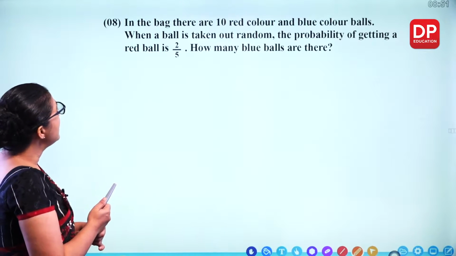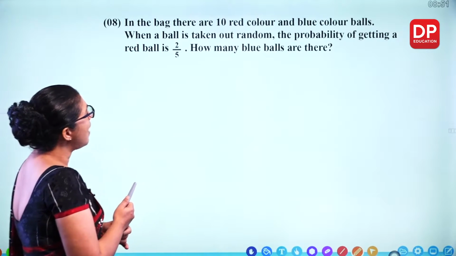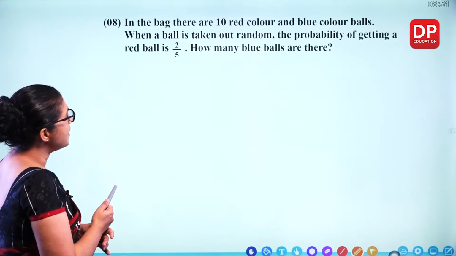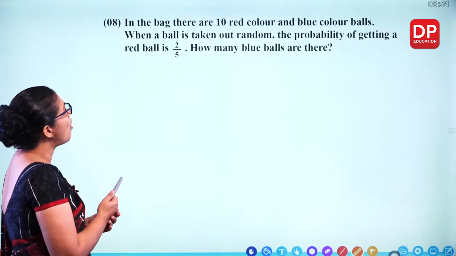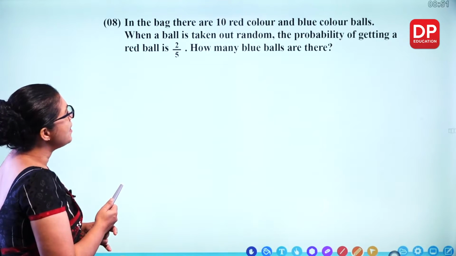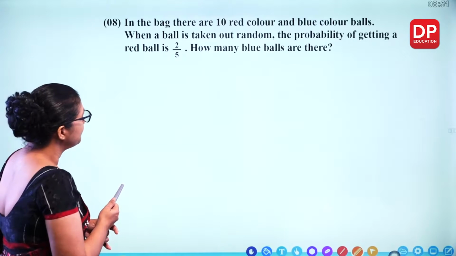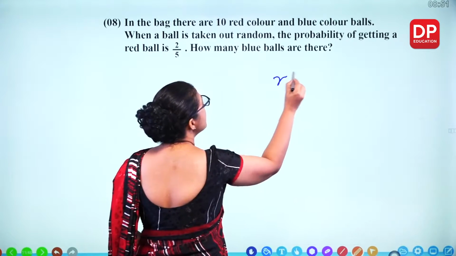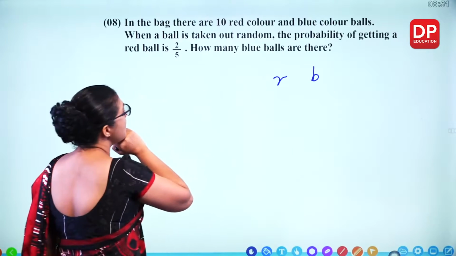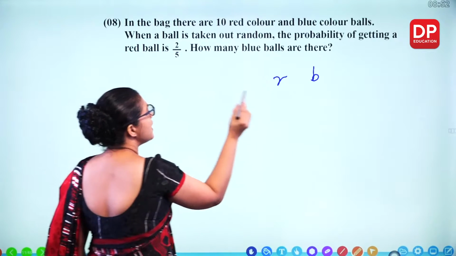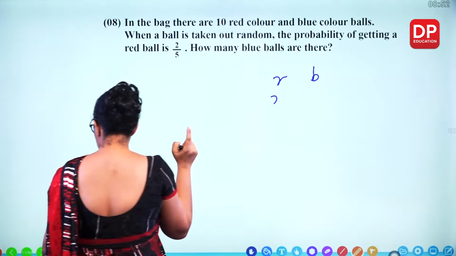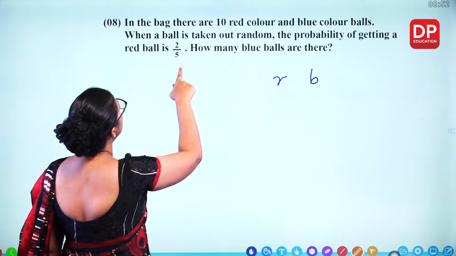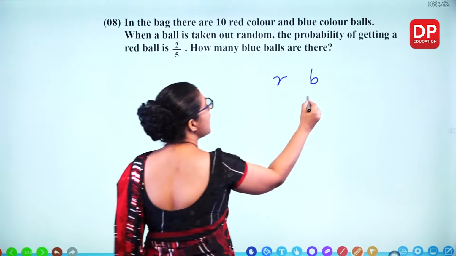Question number 8. In the bag, there are 10 red color and blue color balls. When a ball is taken out at random, the probability of getting a red ball is 2/5. How many blue balls are there? So it says red and blue balls are there. Altogether 10. Now we need blue balls, so we'll put x here.